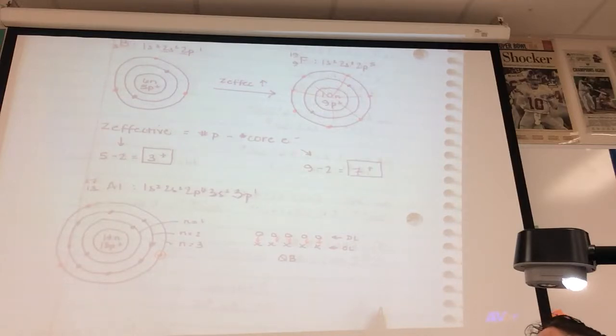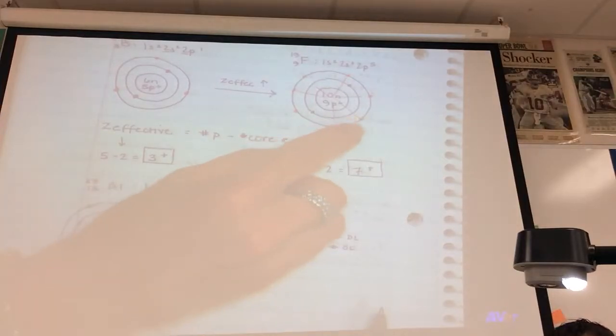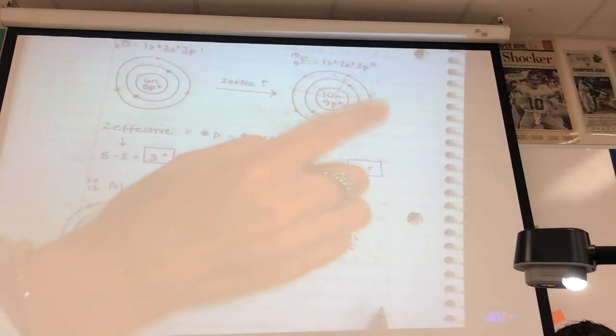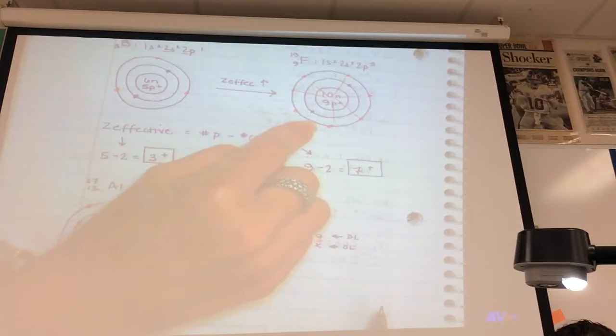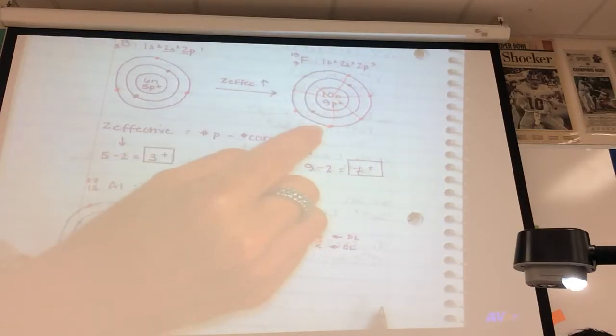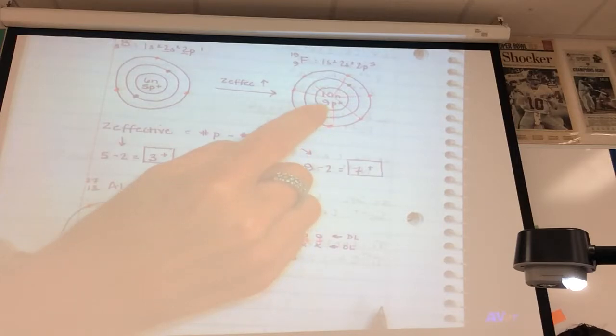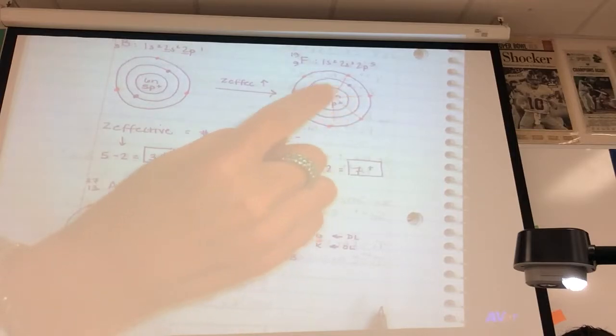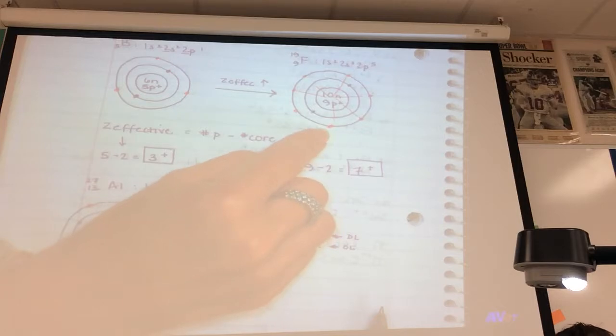An anion, on the other hand, is going to gain an electron or more electrons to the outermost shell. If you generate a fluoride ion, you'll gain an electron to the second shell with no change in the effective nuclear charge. So now you have the same positive charge acting on more electrons.